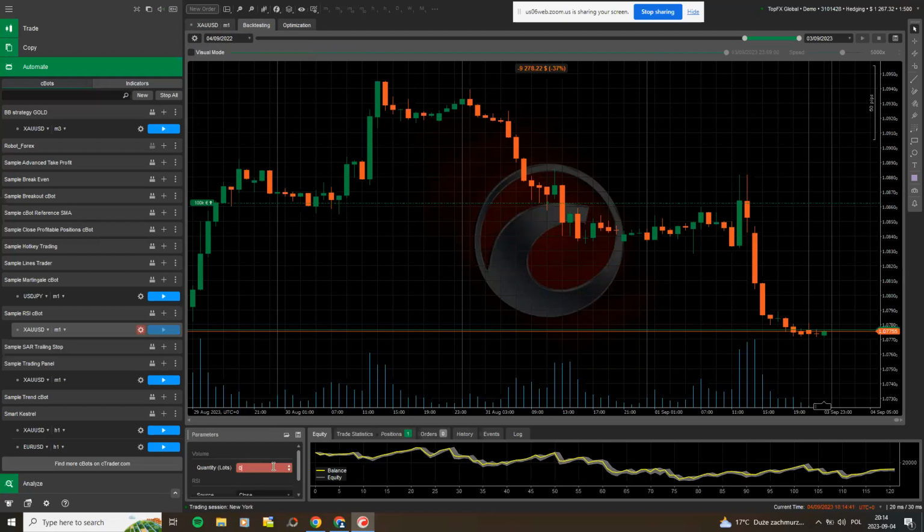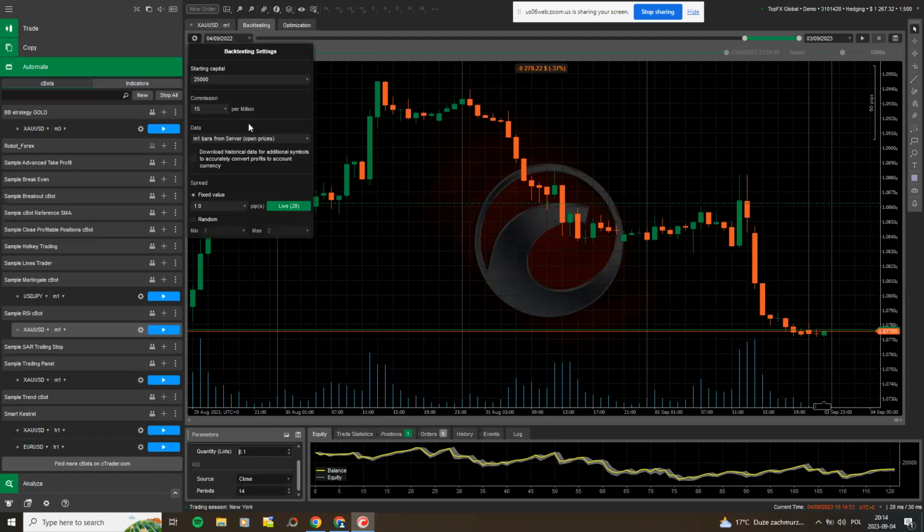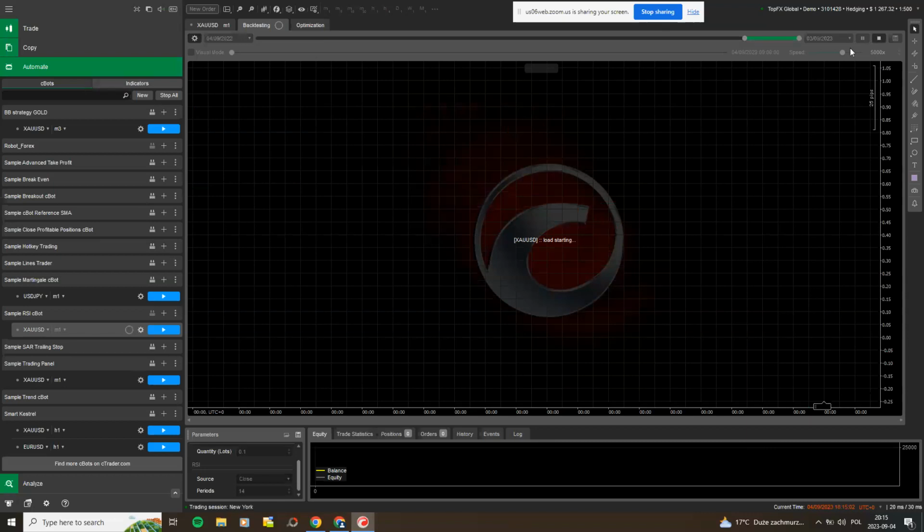We will use 1 mini lot, 0.1, then 1.1, the source will be close and the period is 14. What else we want to change is the starting capital, 25,000, and the live spread, which is 28. So let's go and do it.